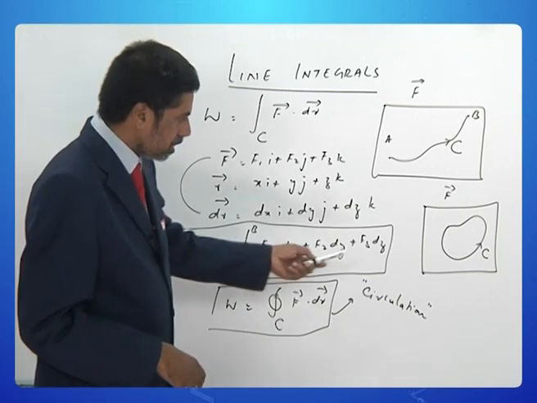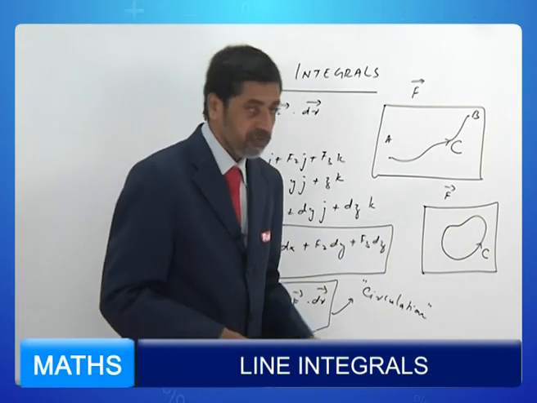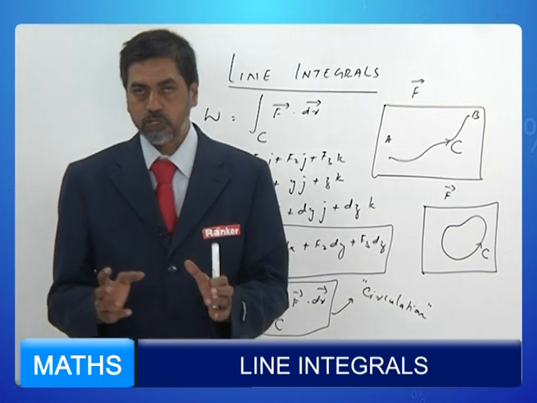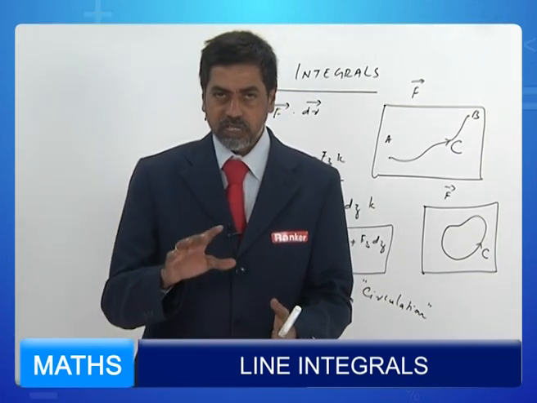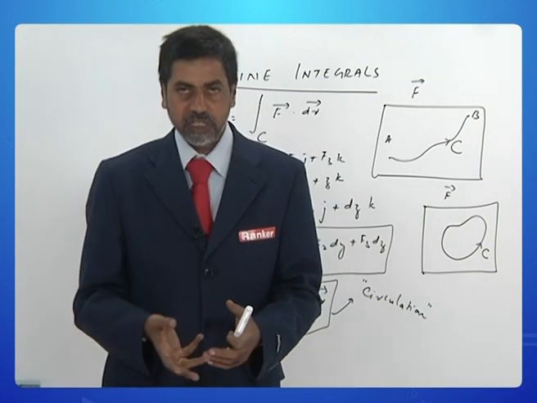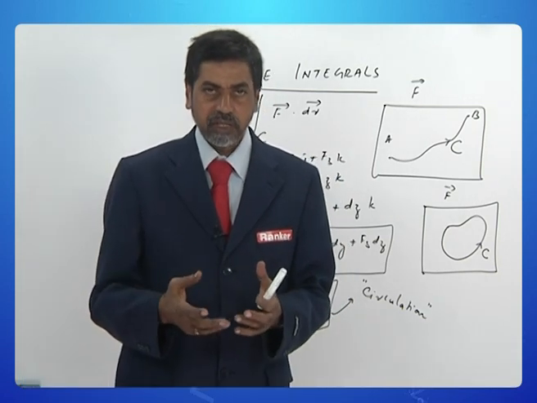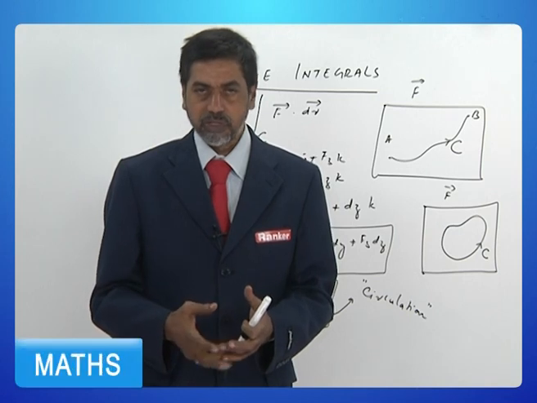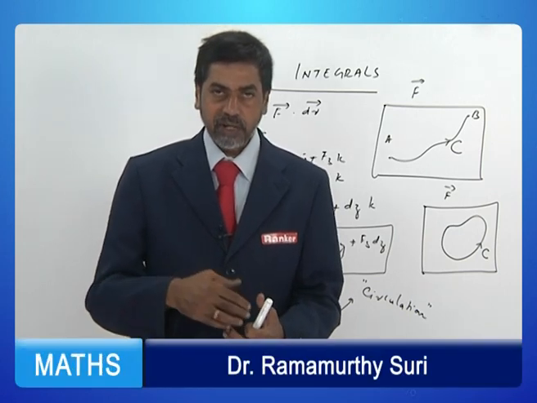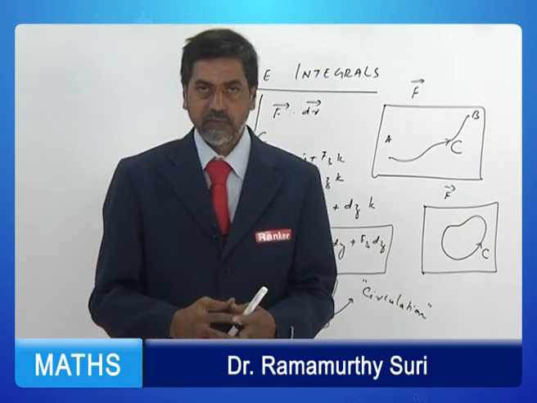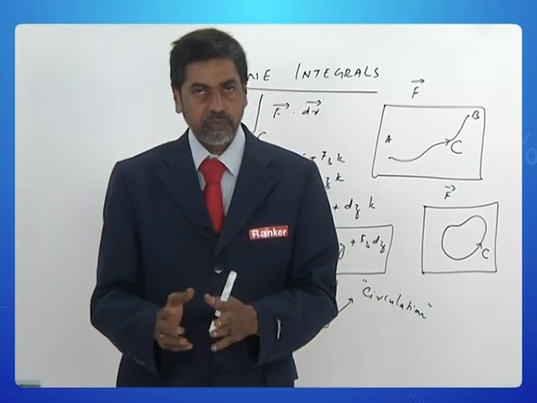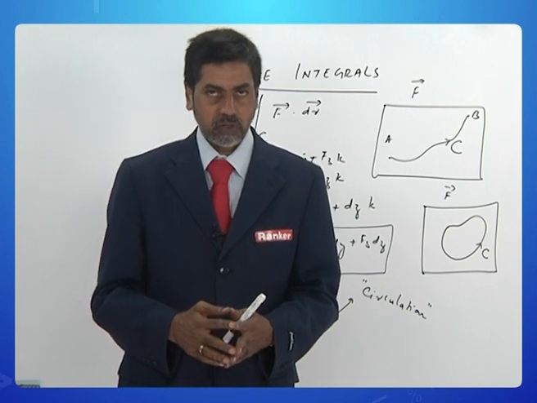And once the curve is closed, then we have two very powerful options with us to evaluate, depending upon whether C is in the plane or C is in space. If C is in the plane, then the Green's theorem option would be sufficient. On the other hand, if C is closed but in space generally, then we have the Stokes theorem, which will help us to evaluate such circulations.